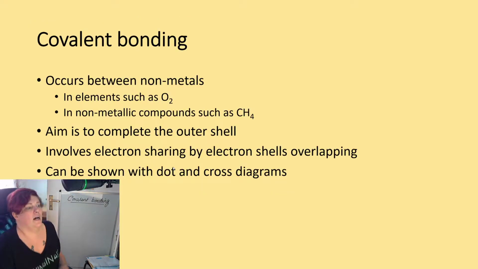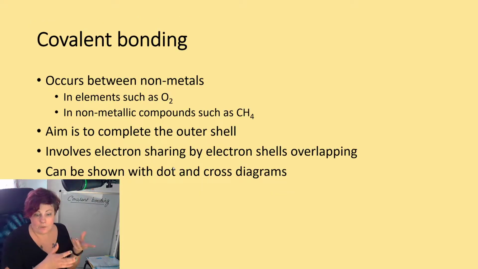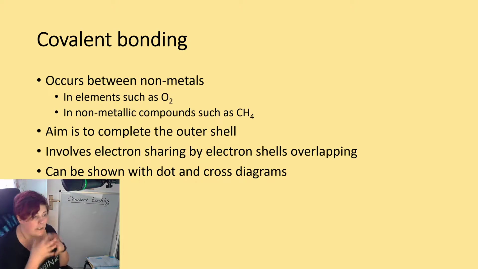You can get covalent bonding in a couple of different situations. You can get it occurring in elements, for example, with diatomic molecules such as oxygen, O2, hydrogen, nitrogen, chlorine, any of the halogens in fact, they all form diatomic molecules.